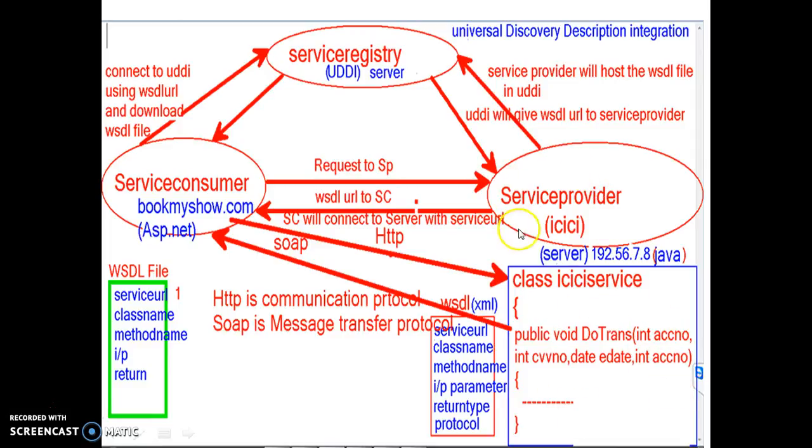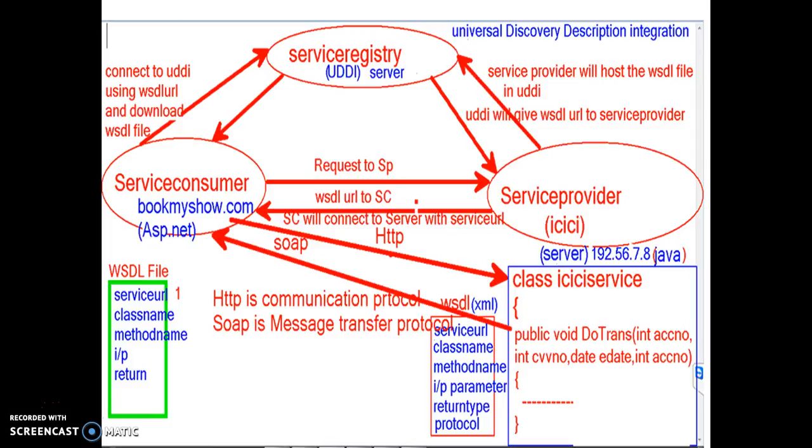So what will the service provider do? The service provider will create the service. And this service can be created in any language or any technology. It may be either in Java or .NET or PHP, whatever it may be. And this service is given to the service consumer. Are you following? For example, through bookmyshow.com, if I want to do any transaction through ICICI Bank, definitely I must have the link with ICICI Bank.